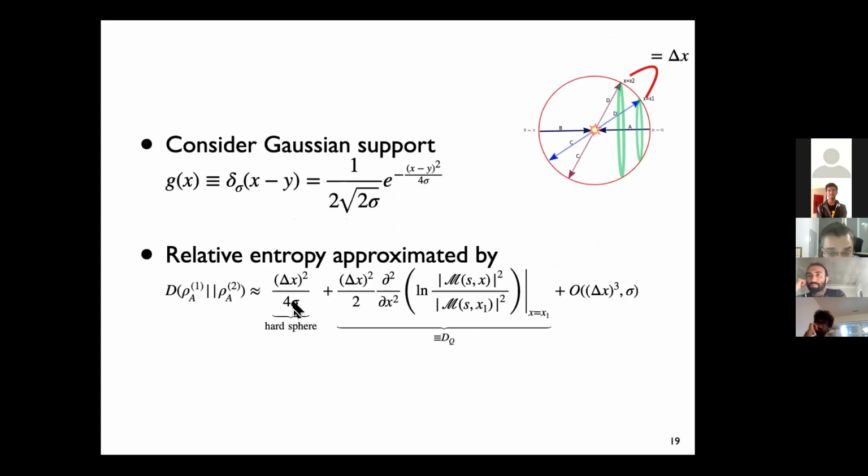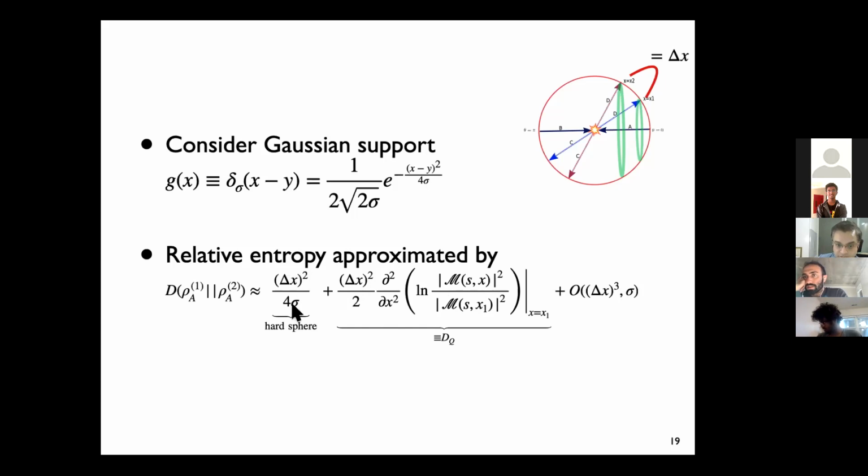Yeah, so here we are using the approximation that sigma is small so that you have a very sharp Gaussian peak, which is close to a delta function approximation. So the way that we are doing an approximation is that we are taking delta x to be small, but also sigma to be small, and we are expanding in these two limits. This piece in this limit always dominates over this second term, because this is delta x squared.